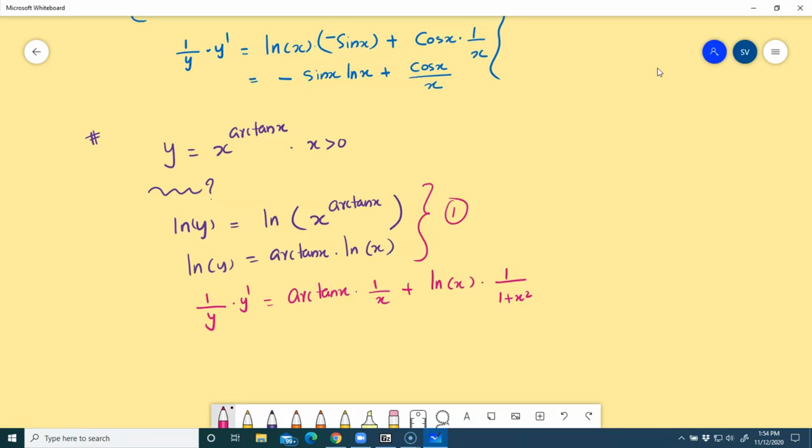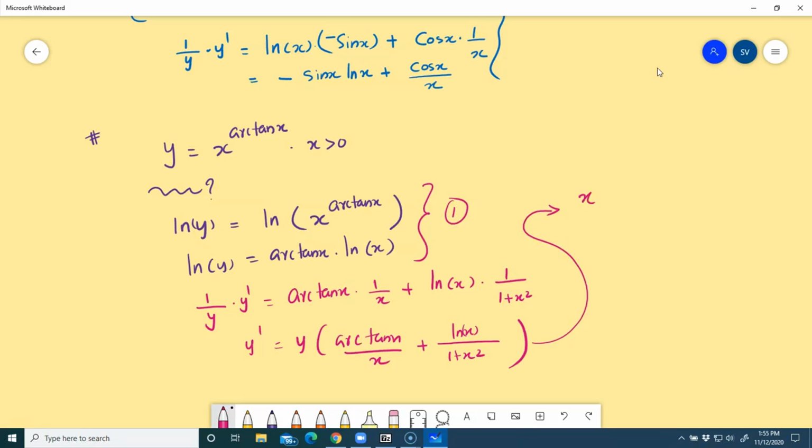You see, we are actually just at the brim of the answer. So y dash is equal to y times arc tan x by x plus ln x by 1 plus x square. Sometimes you can simplify this. What is y?